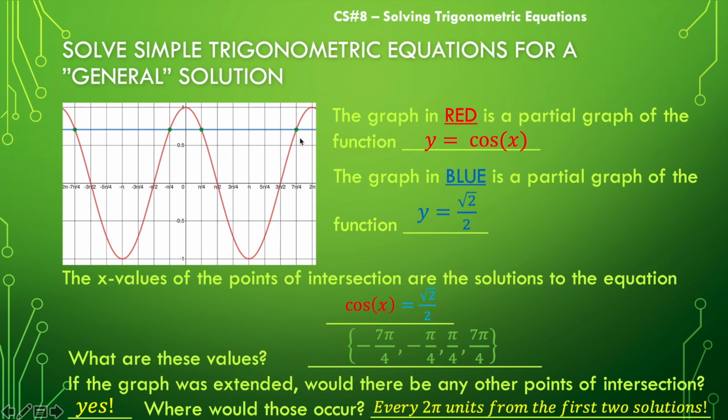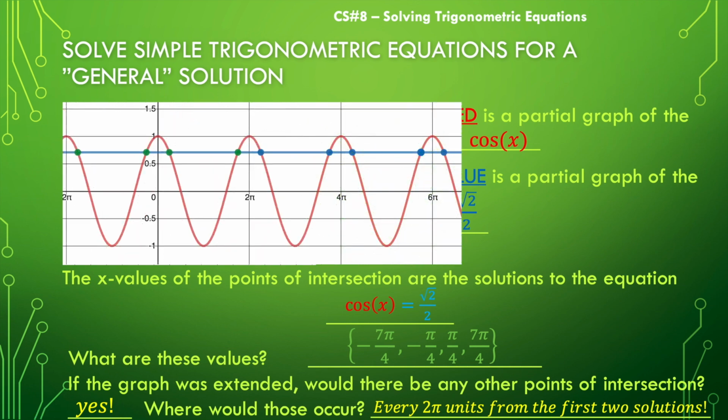If we extend this graph, we can see that we've got a pair of solutions every 2 pi units. Do you see how that pattern repeats? So how many solutions are there to that equation? That's where we're talking about all the solutions, or the general solutions, and there's an infinite number of them.